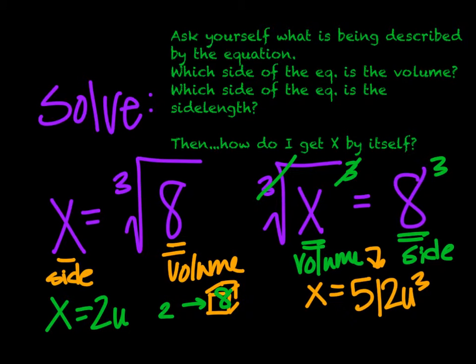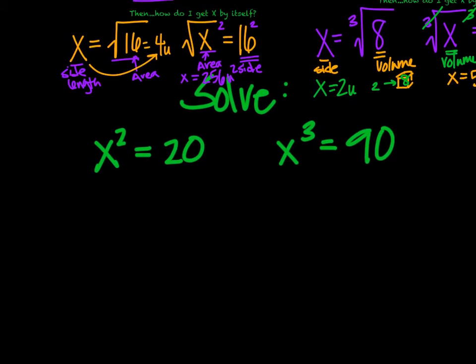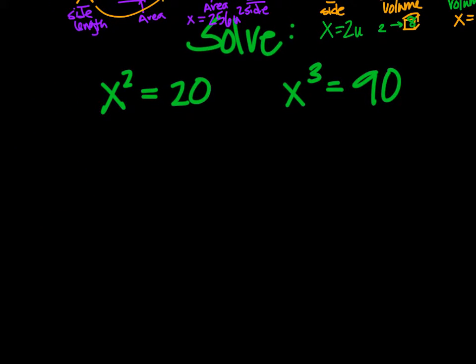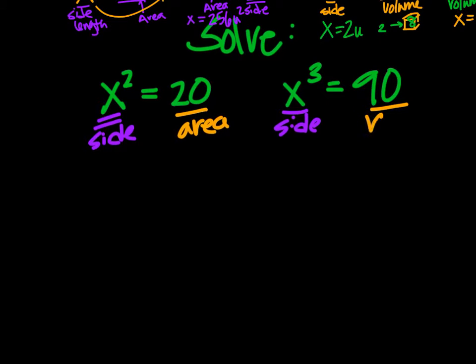Let's look at a couple of equations to practice. We need to solve this x squared is equal to 20 and x cubed is equal to 90. So in both of these situations, side is our x, and this other side of the equation is our area or our volume.